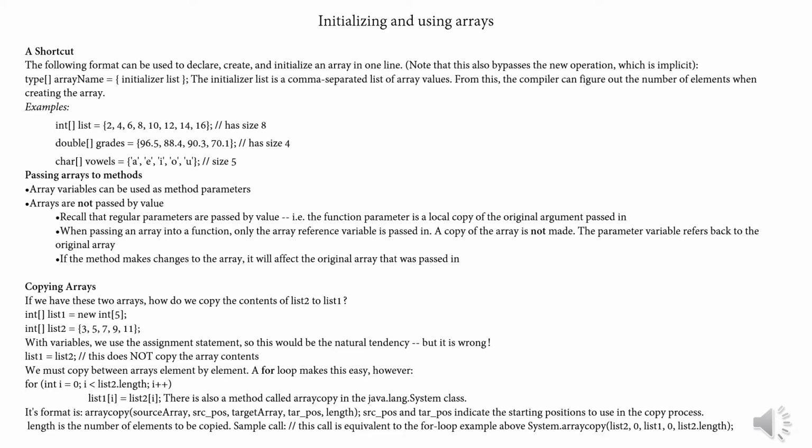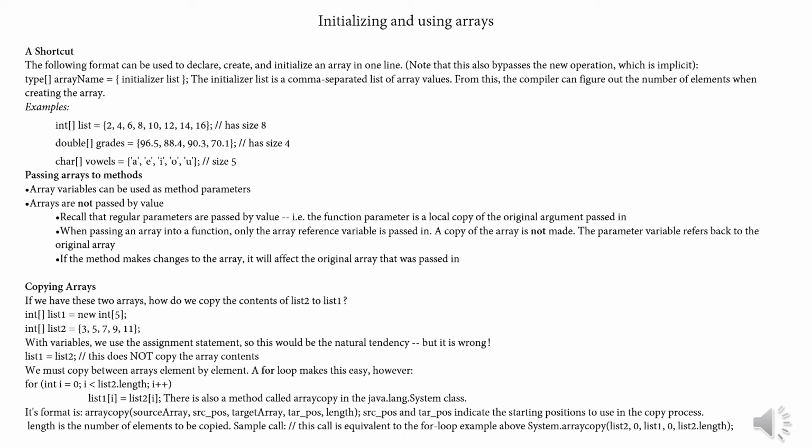So the format for this is, first you write the type of the array, then the array name, and then inside the opening and closing braces you write the initializer list. What is the initializer list? It's a comma separated list of array values. For example, we have int list, and as the values for this array we have 2, 4, 6, and so on.